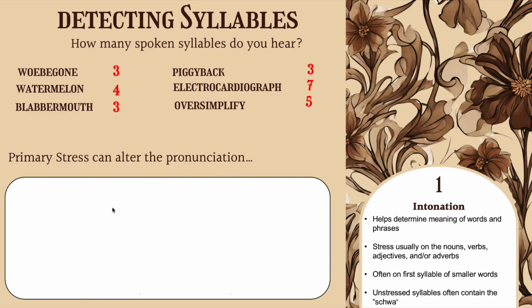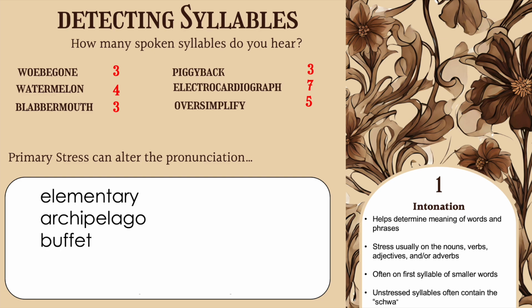So where we add that stress, the intonation can change the pronunciation of words. So here we have elementary, so you have elementary or elementary. A little bit different in pronunciation when you're changing the stress. Archipelago, archipelago, buffet.